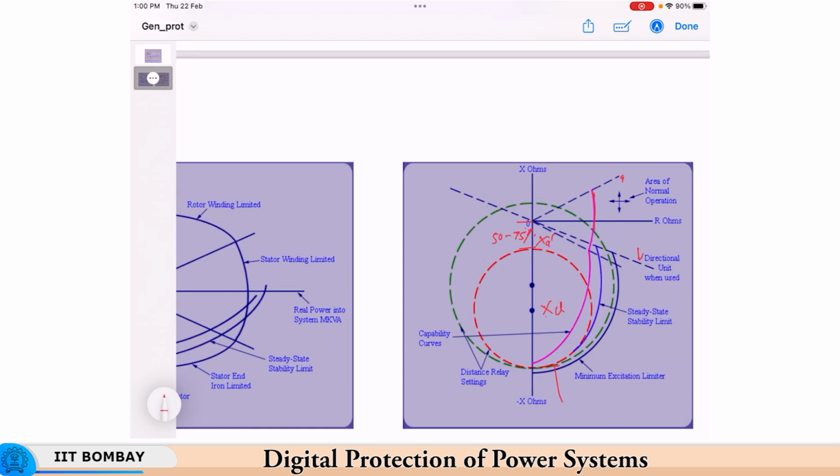The outer circle will be for partial loss of excitation.